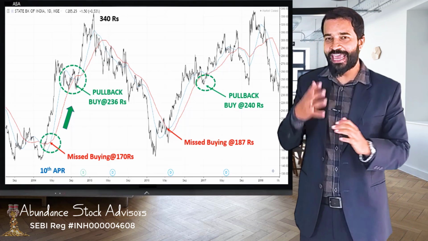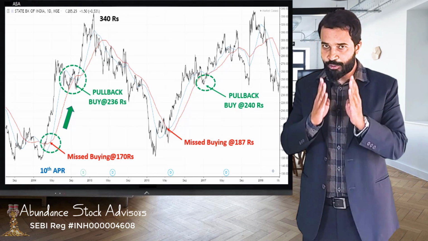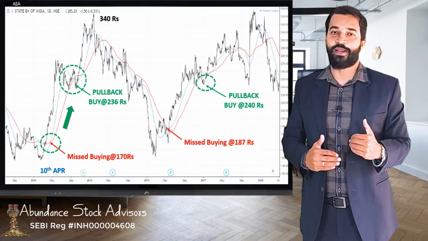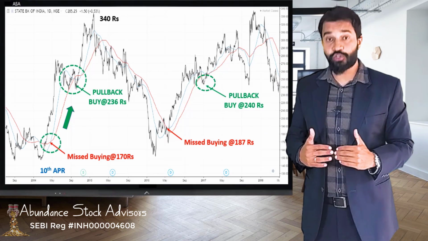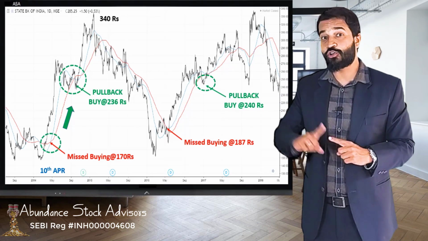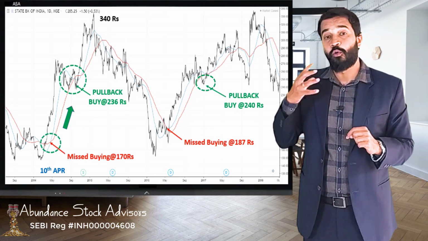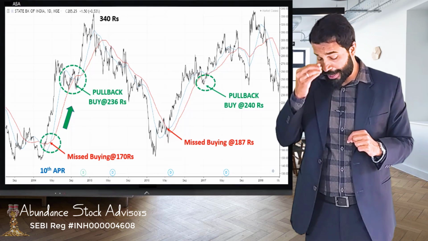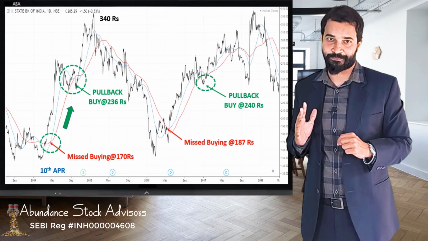So this way, moving average and crossover analysis can also help you enter into trades that you have missed when a stock was rallying. So friends, to conclude, moving average crossovers are high probable trades and generate profits when the stock is trending. Moving averages also help you understand where pullbacks can happen so that you can enter into a trade in case you have missed it initially.